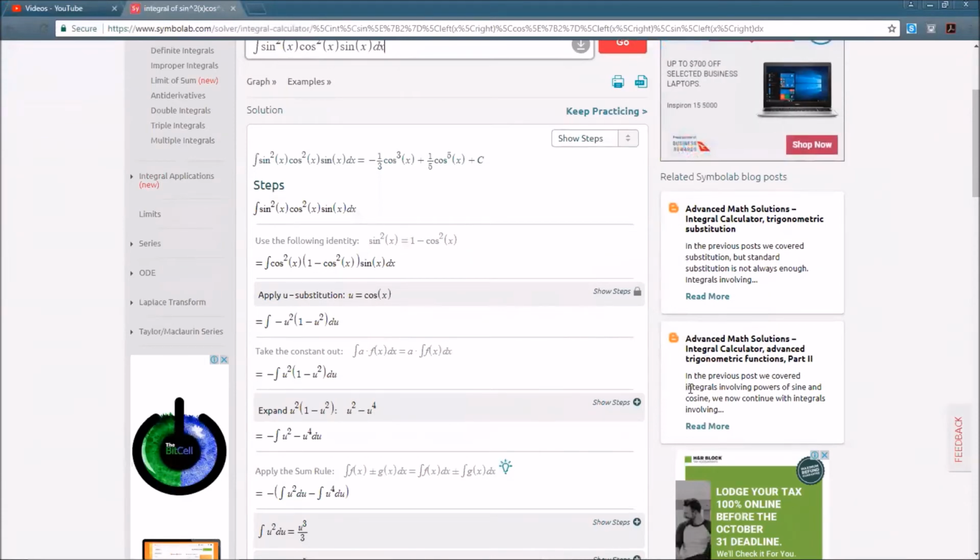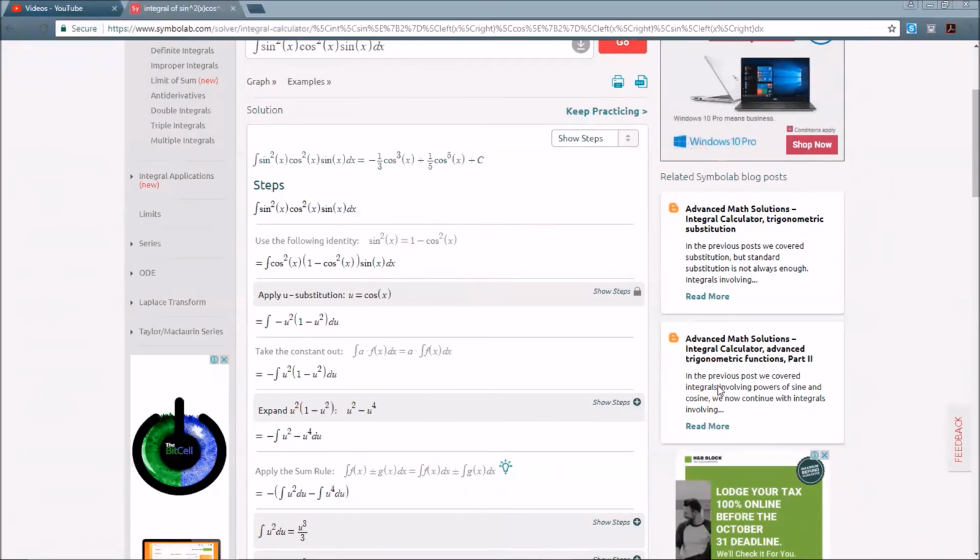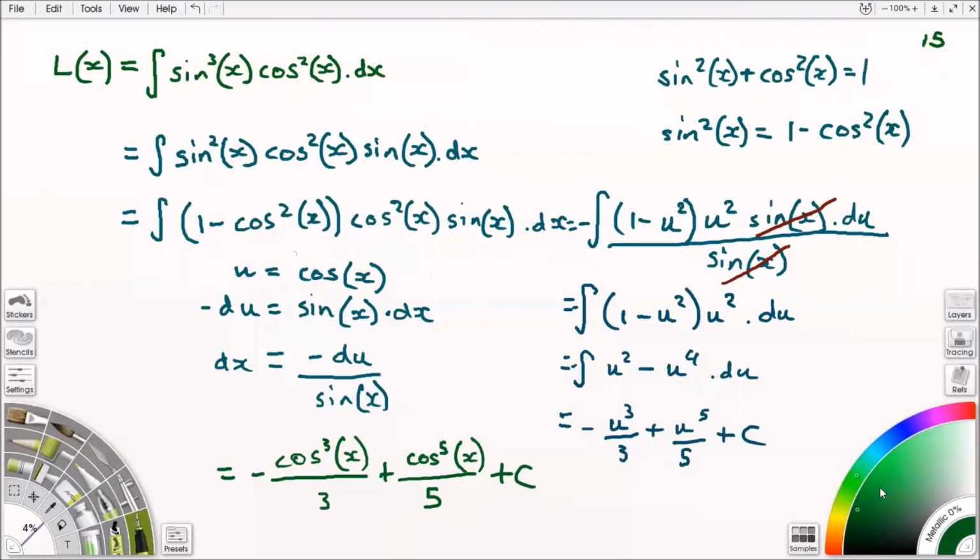Oh, okay. Nice. All right. So I like how that looks a lot better. They just went the extra step further, which depends on your preference.